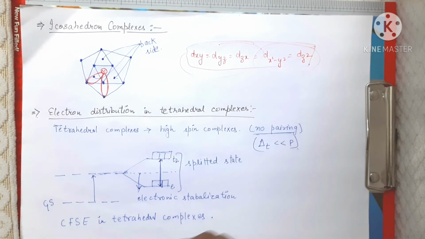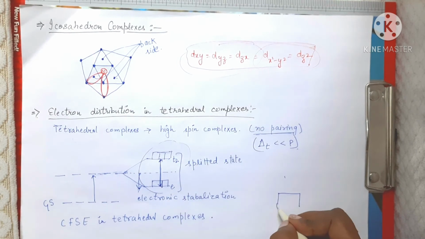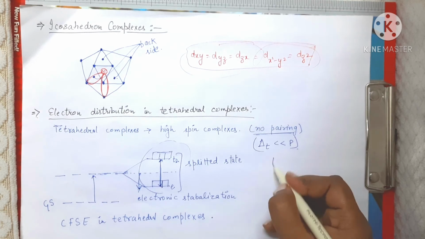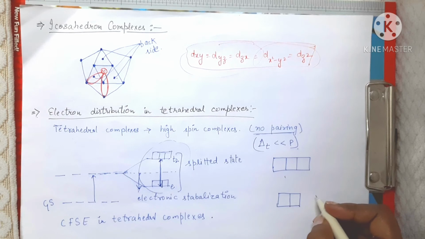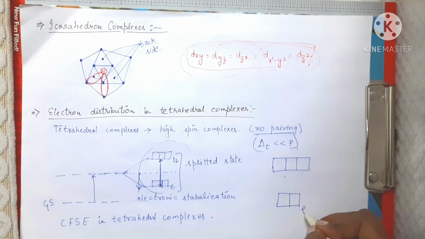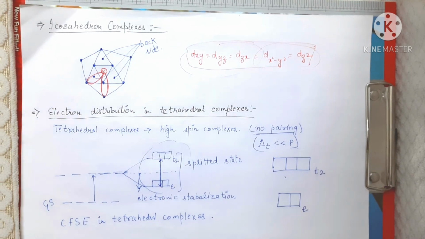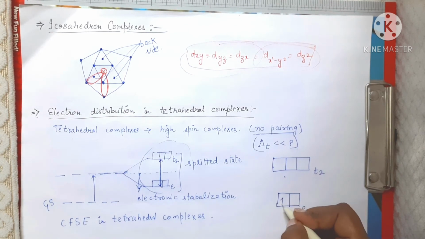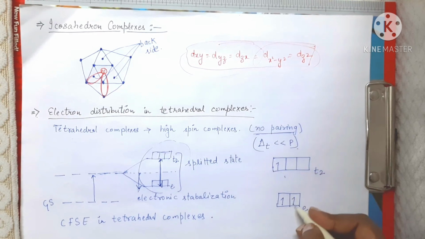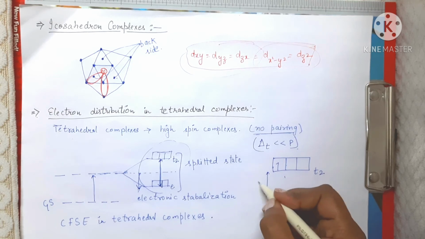first of all, I am making the split state here so that electron filling is clear. These are the E set and these are the T2 set. Now if we fill the first electron, it goes here, the second electron goes here, and the third will go here. Instead of pairing, it will go here, because I have already told you this delta T is very small.